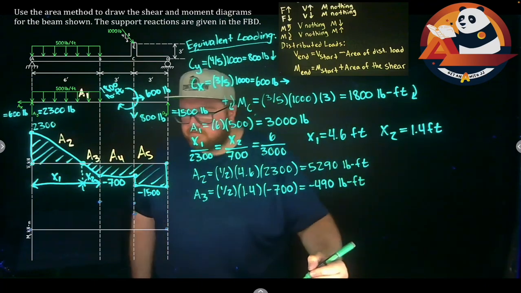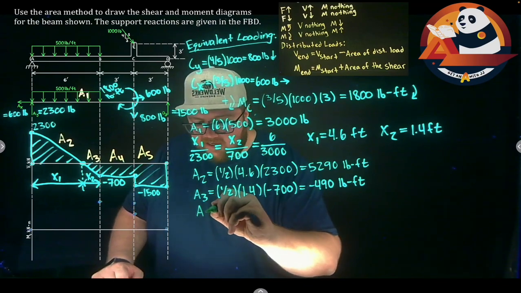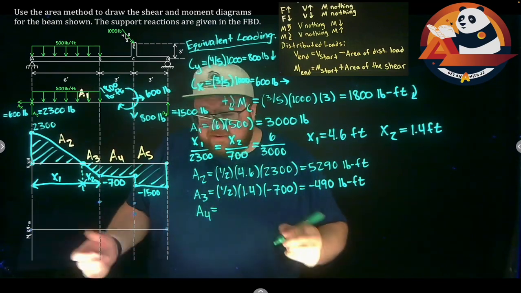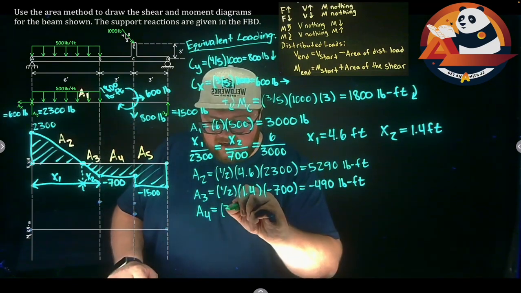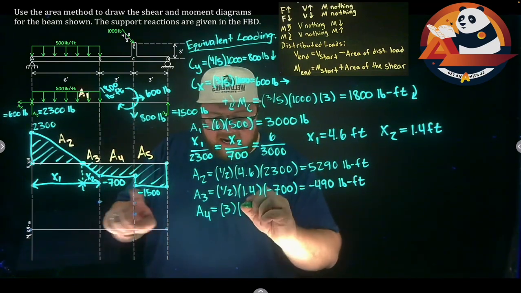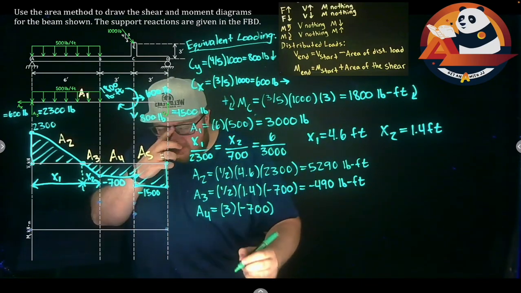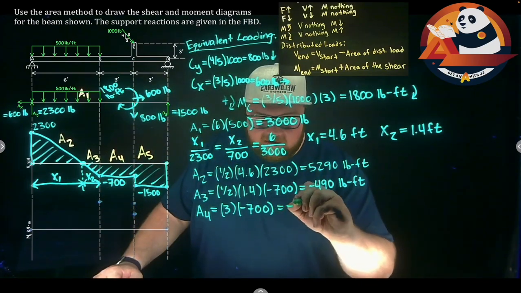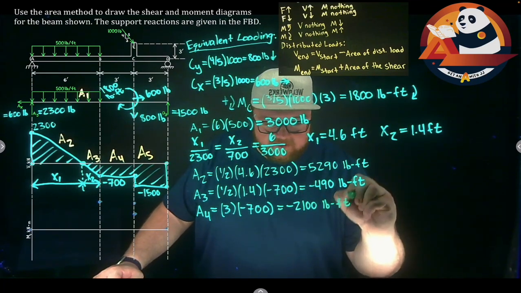pound-feet. And area 4, we're back to a rectangle. Area 4 is just base times height then. So my base of area 4 is 3 feet. My height is -700. 3 times -700 is -2,100 pound-feet.